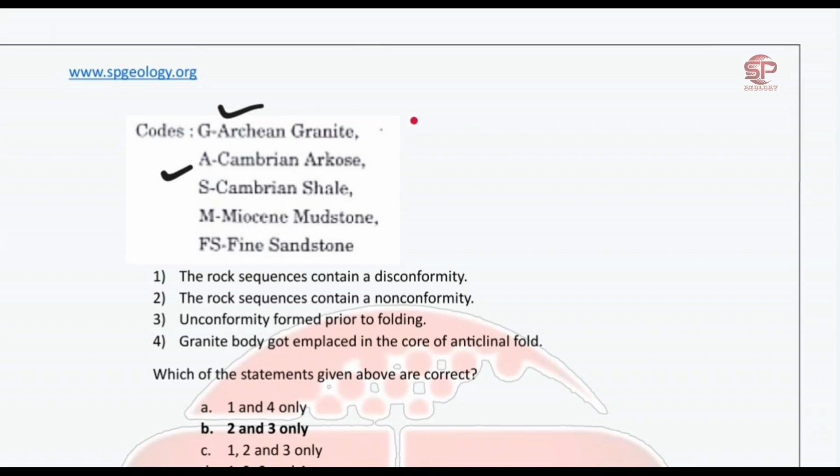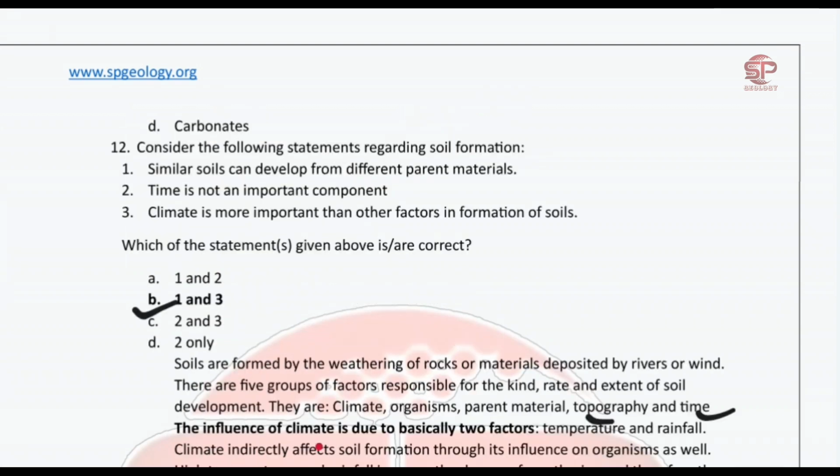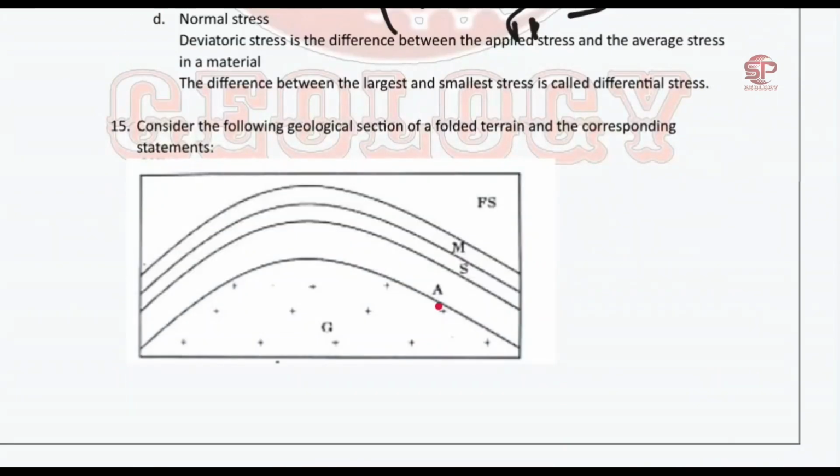Archean ended at 2500 million years, and Cambrian started from 538 million years. So there is an age gap here, so we can define an unconformity. And also the upper units are folded. That also indicates an unconformity.